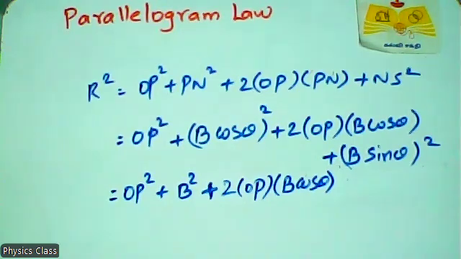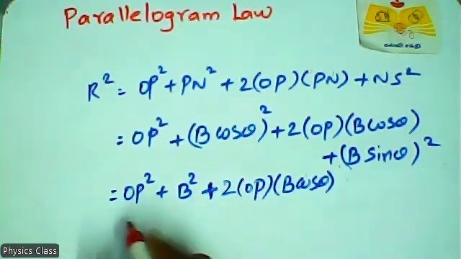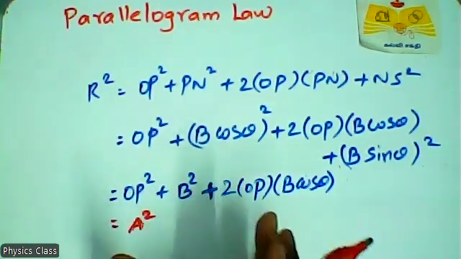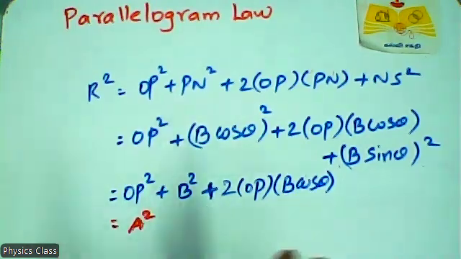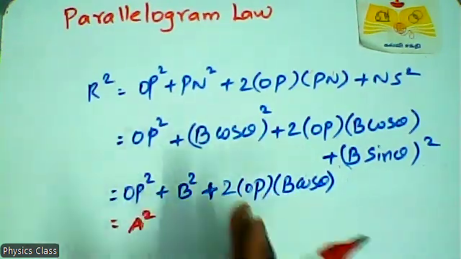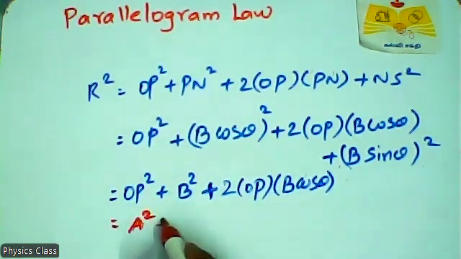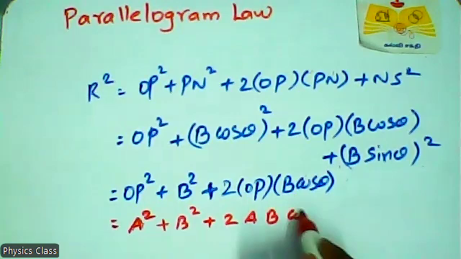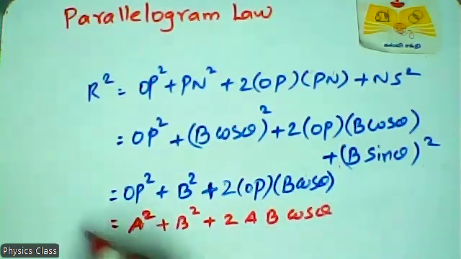From the diagram, we have the value for OP, that is A, because OP represents the vector A. So OP is the magnitude, that is A. OP square means A square, so A square plus B square plus 2 A B cos theta. Clear? This is the resultant.